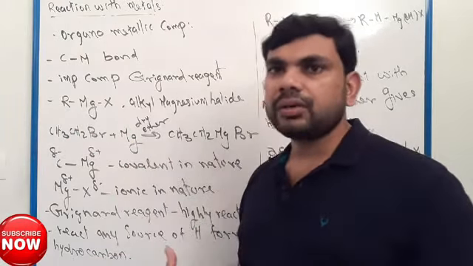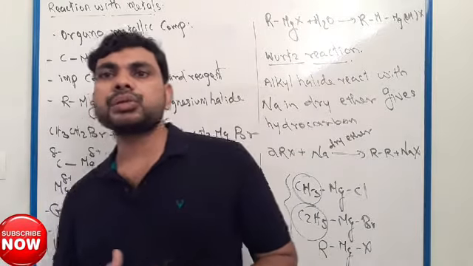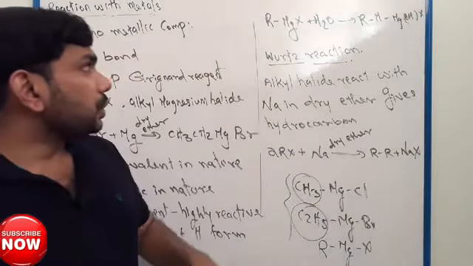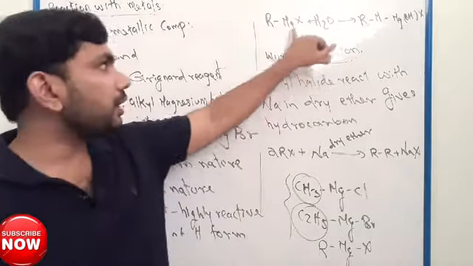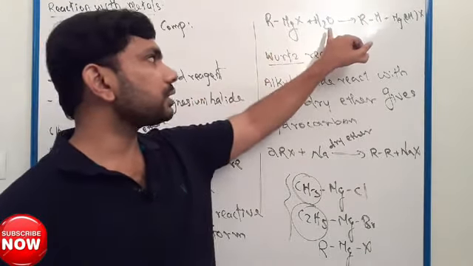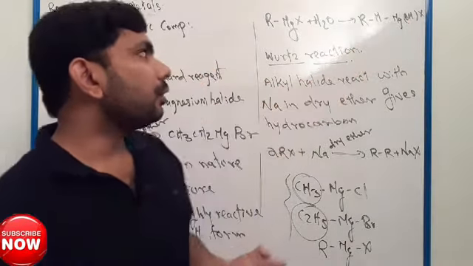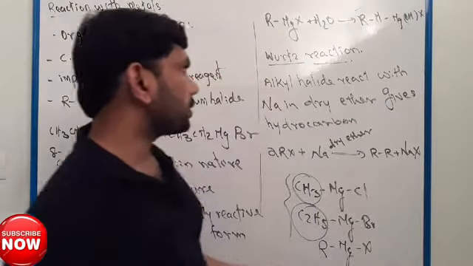It is highly reactive and reacts with a source of hydrogen to produce hydrocarbon. So here the Grignard reagent reacted with water forms alkane, or you can say hydrocarbon. This is the major product.